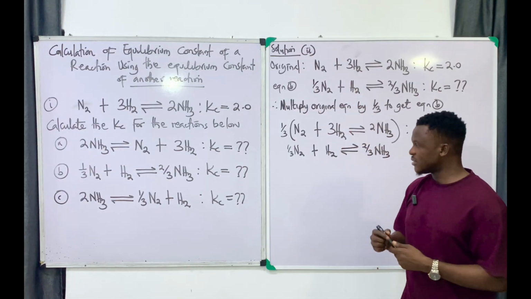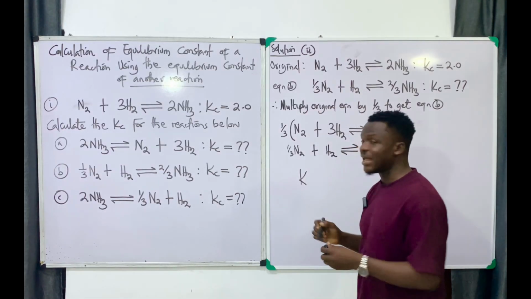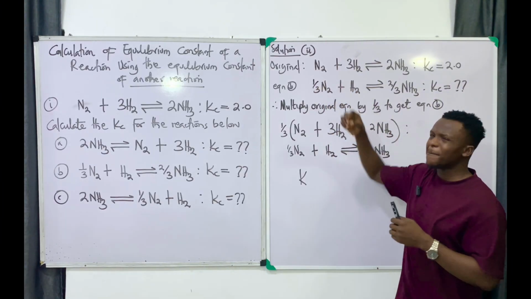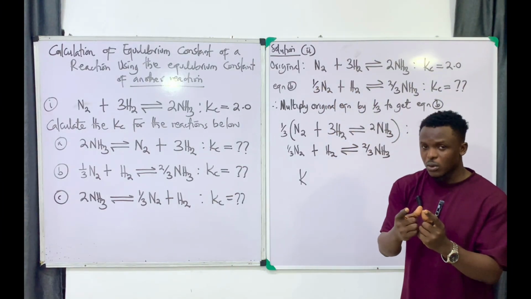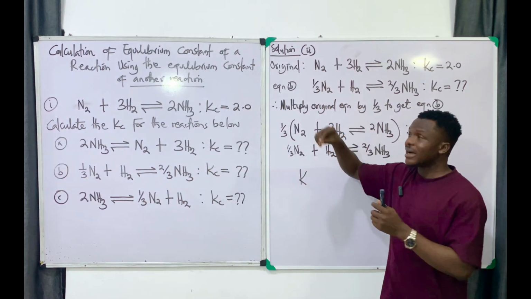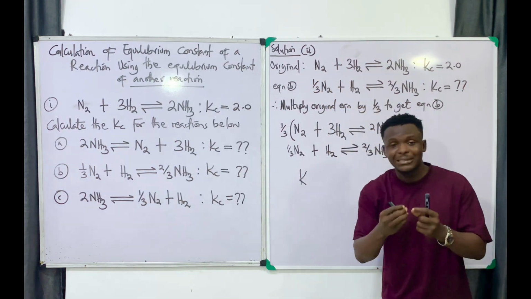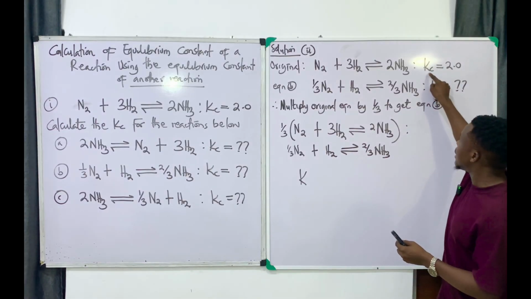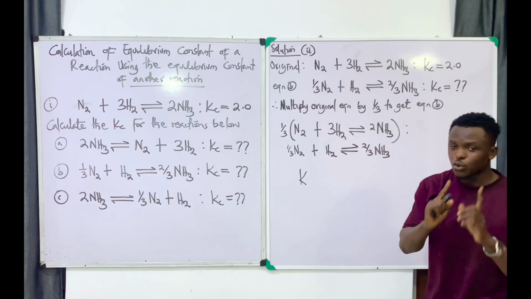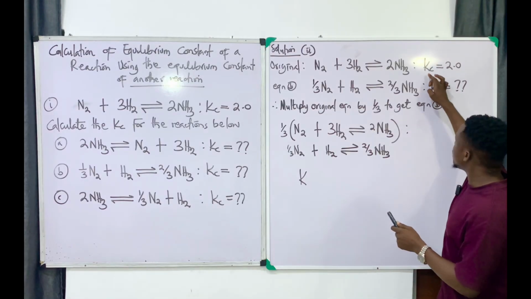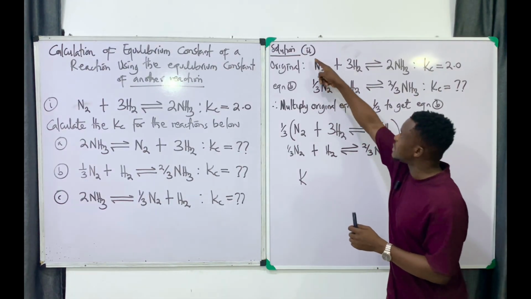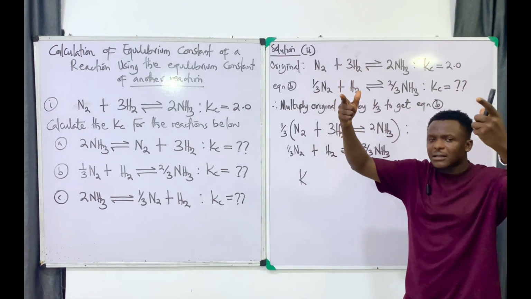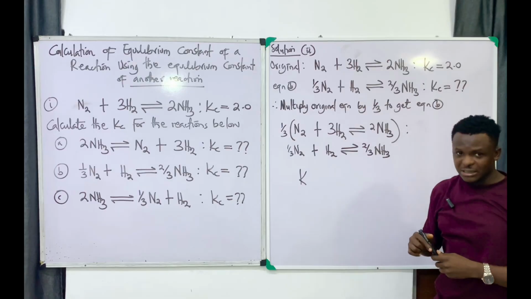So I'll now say, equilibrium constant, class. Anytime an equilibrium reaction is multiplied by a factor, you're not going to multiply the equilibrium constant by that factor. No. When it comes to the equilibrium constant, whatever you use to multiply the reaction, you're going to raise it as a power on the equilibrium constant.